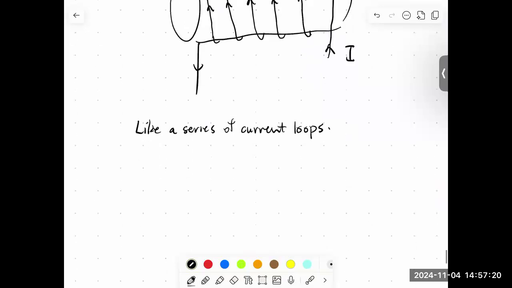If I draw one current loop, maybe it'll look something like this. So here's a loop of current. My current is coming up, let's say, in front of the screen. So I'll make an axis here. So my current is doing this. That means by the right-hand rule, the magnetic field through the loop is to the left.